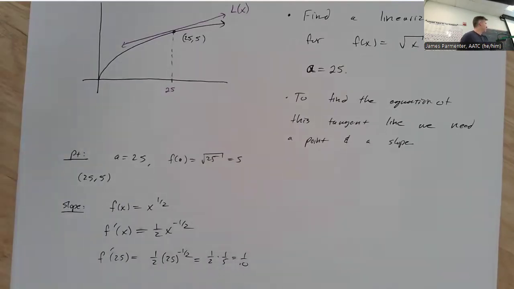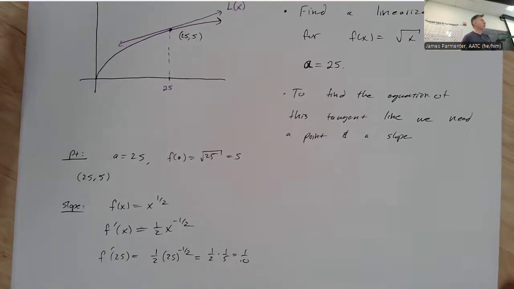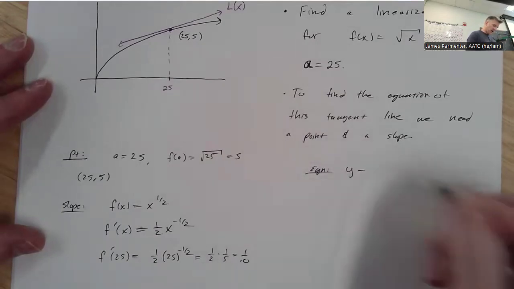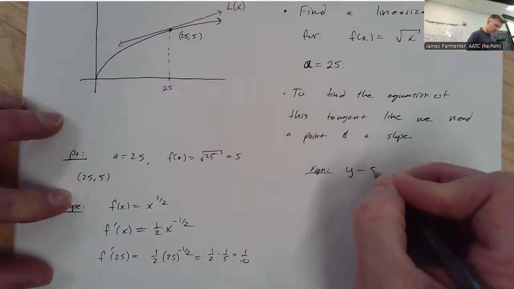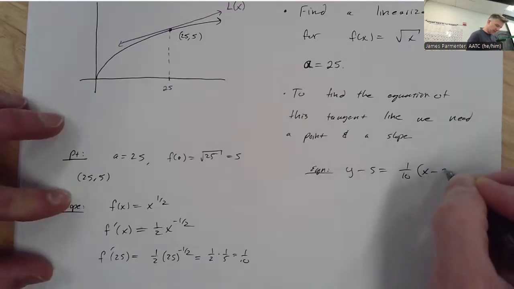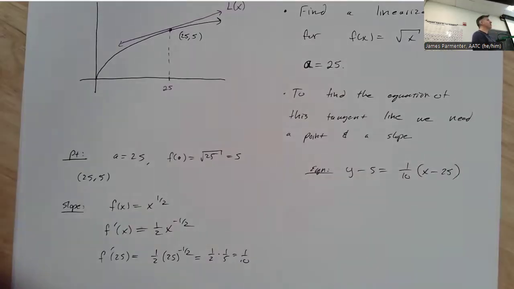Now, here's the thing you do have to be mildly careful about. Usually when I'm writing the equation of a tangent line, I just go straight to y minus the y value equal to slope times x minus the x value. Actually, there's two things to be careful of here. First thing is there is an expectation that you isolate y and you use L of x instead of writing y.